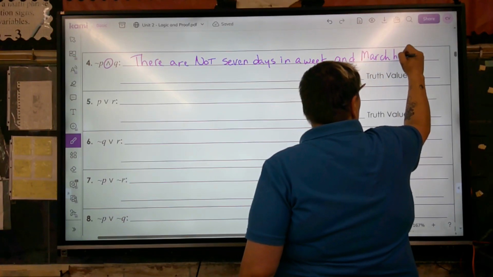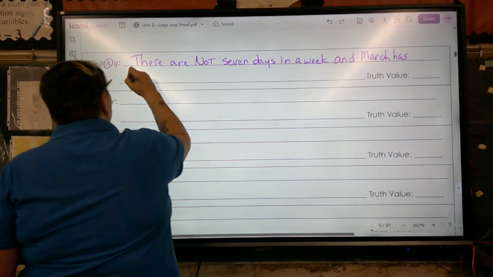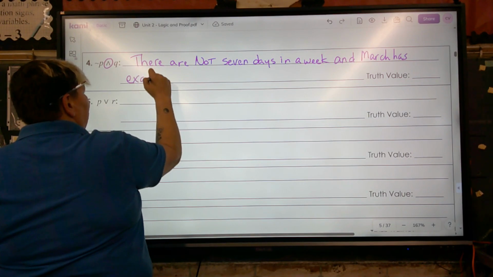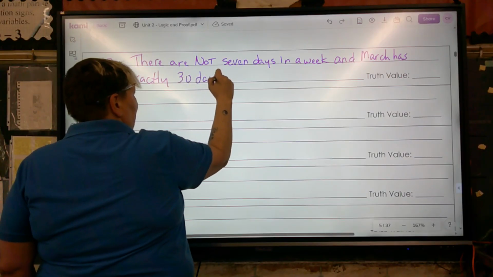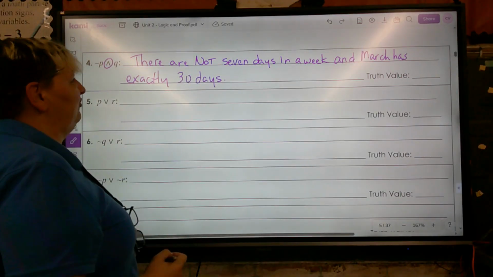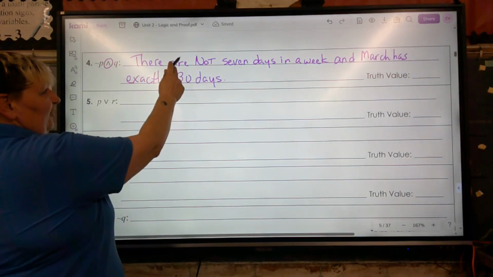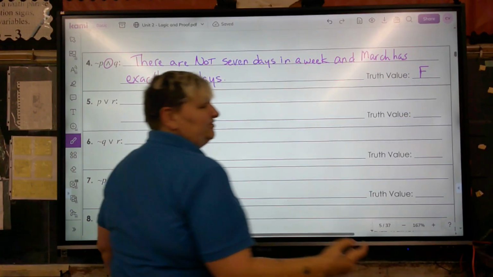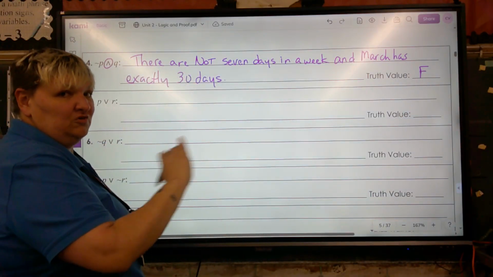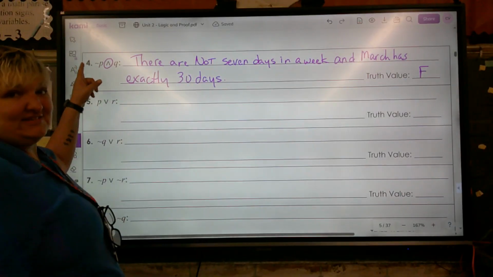March has exactly 30 days. Alright, it's an and statement, so they both have to be true. False, false. As soon as I knew that one of them was false, the whole statement was false, because it's an and statement.